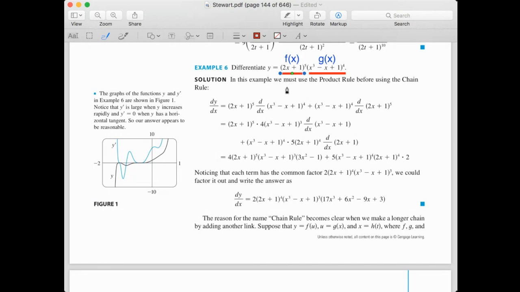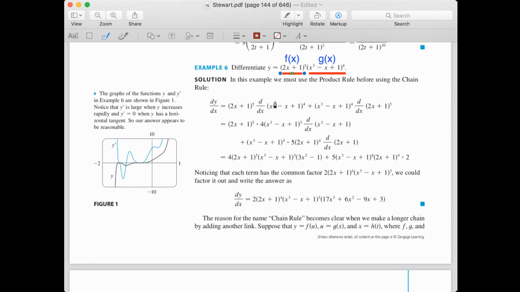So product rule, we take a derivative of the first one, multiply by the second one, then plus we take a derivative of the second one, multiply by the first one, right?